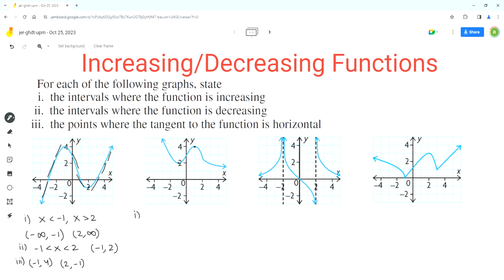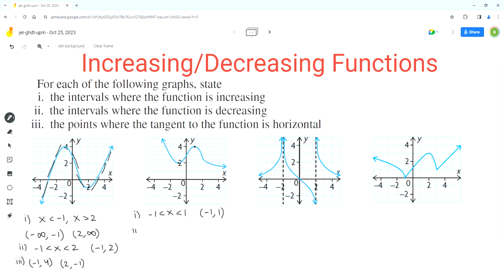So the interval in inequality notation is x is greater than -1 and less than 1. And in interval notation, we can write it as -1 to 1. This is the only interval in which the function is increasing.